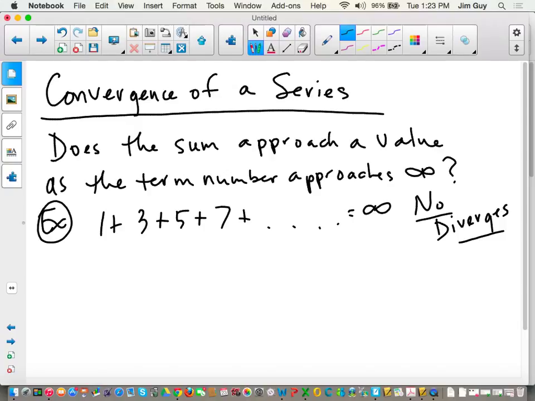We want to make sure the numbers we start adding on at some point are approaching 0, so we're not really adding anything on that changes the total amount. Okay, so conceptually, do you understand? Yeah, they have to be getting smaller and smaller. They're approaching 0.